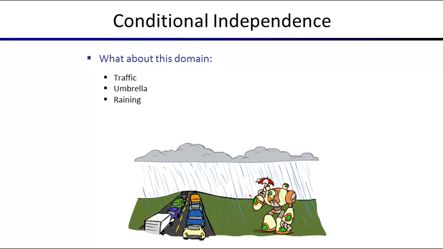Whether there is traffic or not, whether you see people carrying umbrellas or not, and whether it is raining or not. What would be a reasonable conditional independence assumption here? Yes, over there.